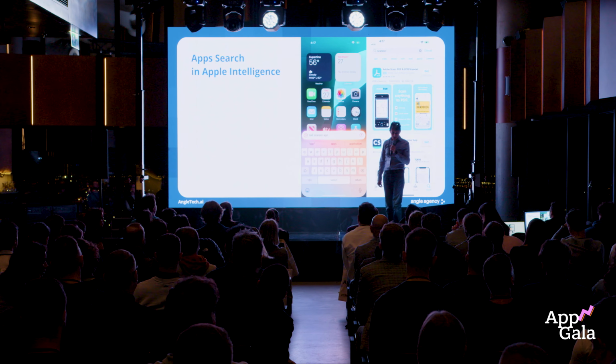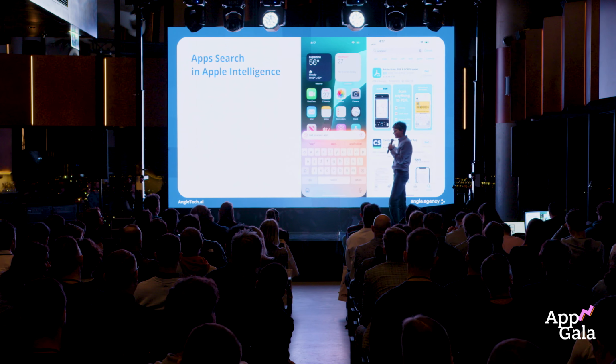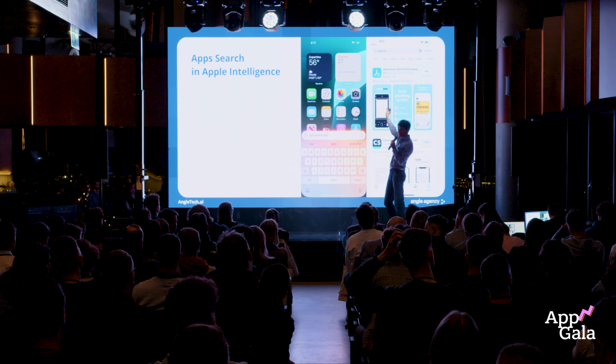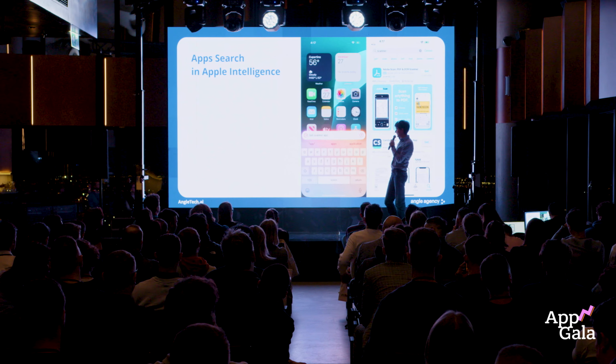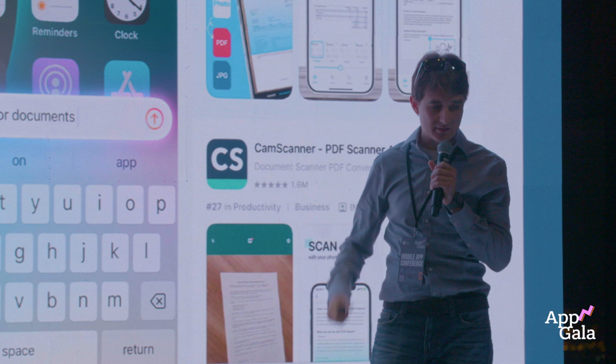And Apple Intelligence opens the App Store with a search request of one word, scanner, just one word. Then I tried, get me a scanner app for documents, and the result was exactly the same, the App Store with the one-word search scanner.